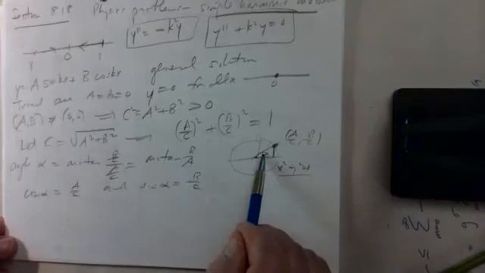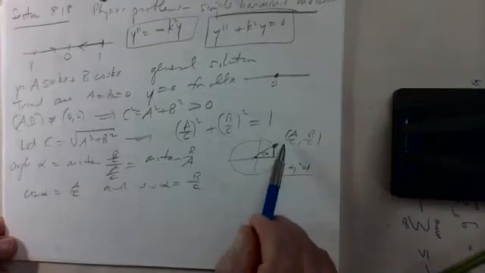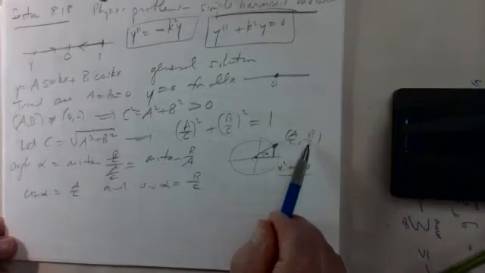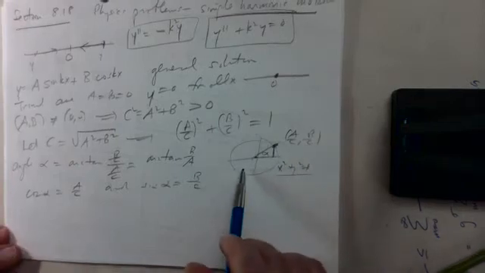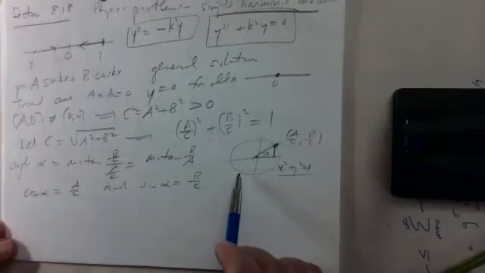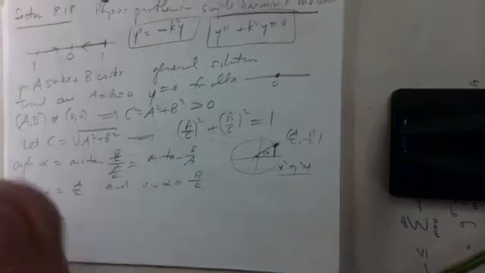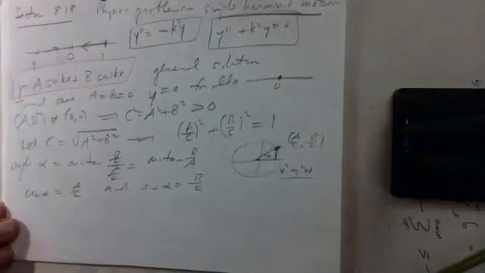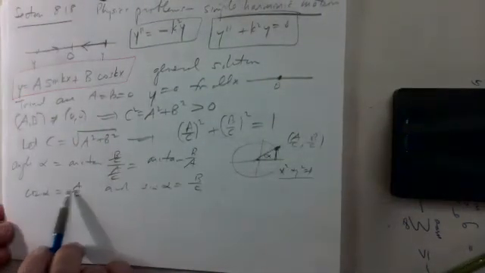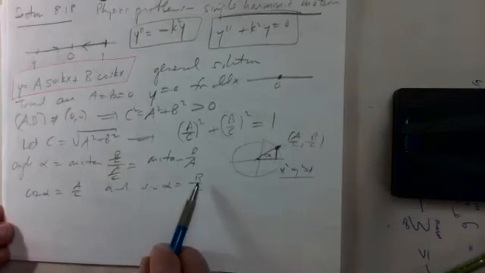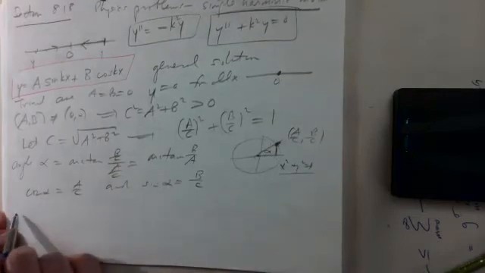So for this angle alpha, the cosine is a over c and the sine is b over c. So if I plug this into the general solution that I already have, that's the solution of the equation. But I can write a as c cosine alpha and b as c sine alpha.